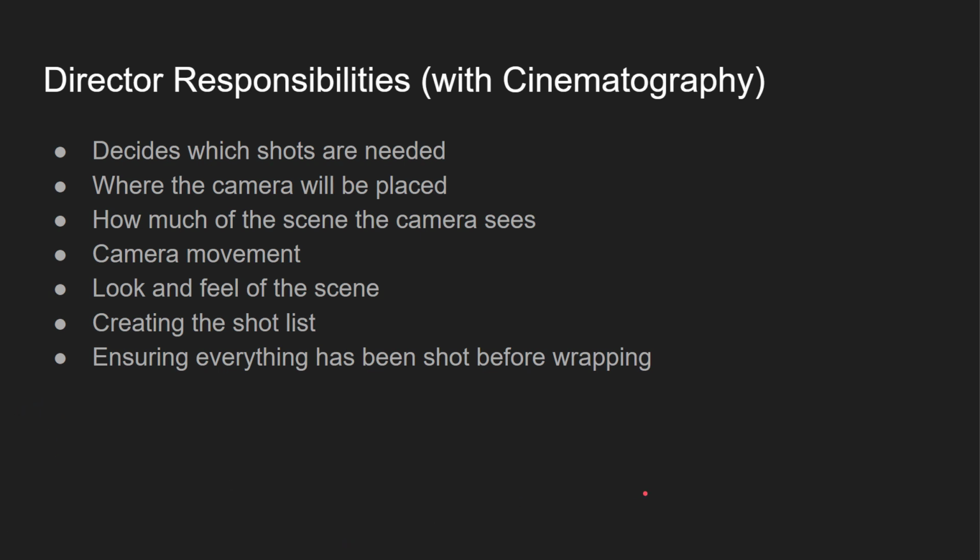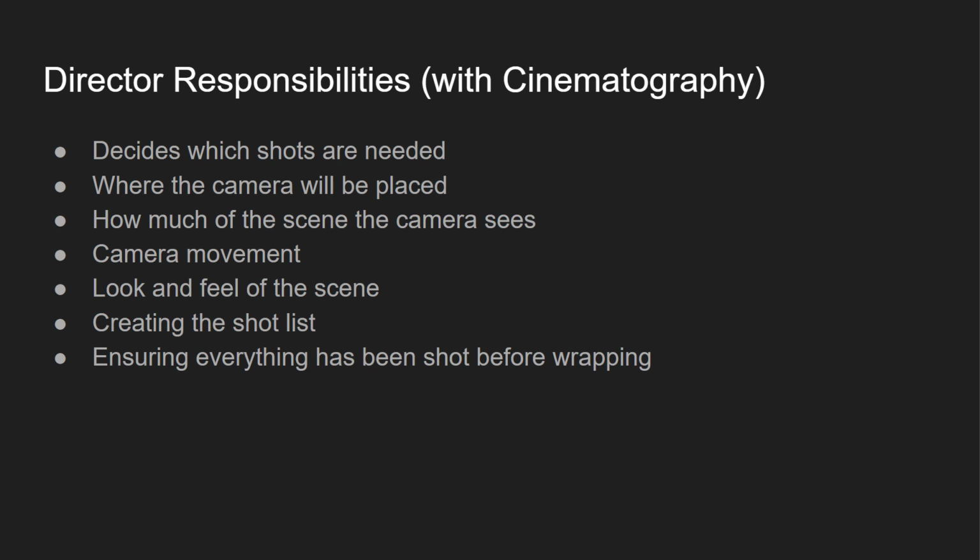Okay, so let's talk about the director. In terms of cinematography, the director has several responsibilities. First, they need to decide which shots are needed to properly convey the scene.